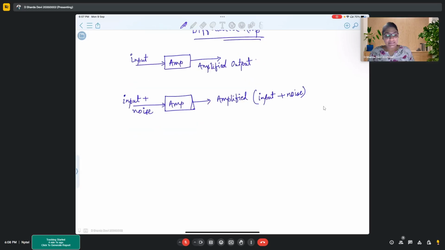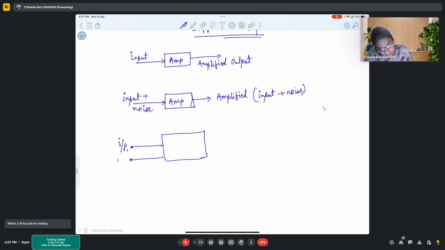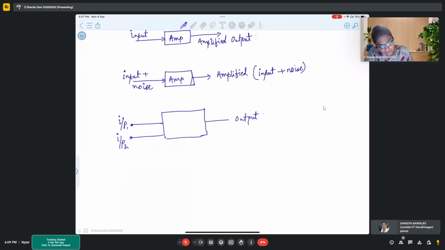But is there any chance that we can neglect or remove this noise and get the amplification of only the input signal that we are providing to the system? So that is the idea. That's where people thought of using, let's say, a black box with two inputs, input 1 and input 2, and we get an output.